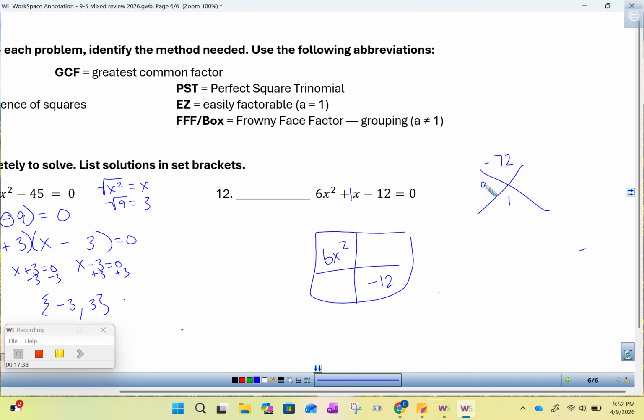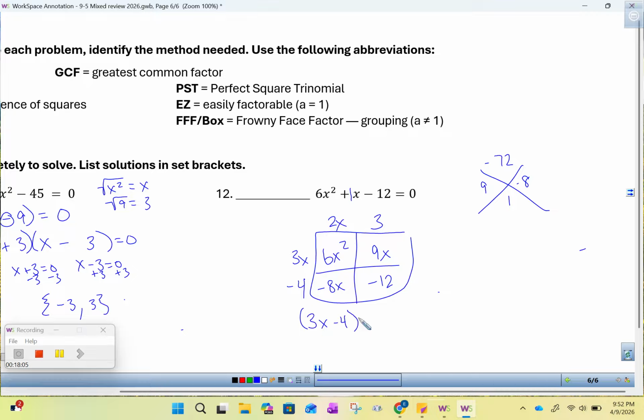So this was 9 times 8 is 72, and I need a negative with the 8 to make this work. So 9x here, -8x here, and I'm GCFing my way around to get 3x times 2x there, 3x times 3, and then 2x times -4. Okay, if it helps doing it that way instead of GCF, might be faster in some cases.